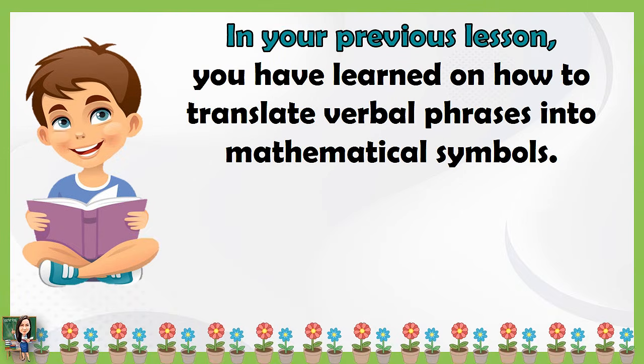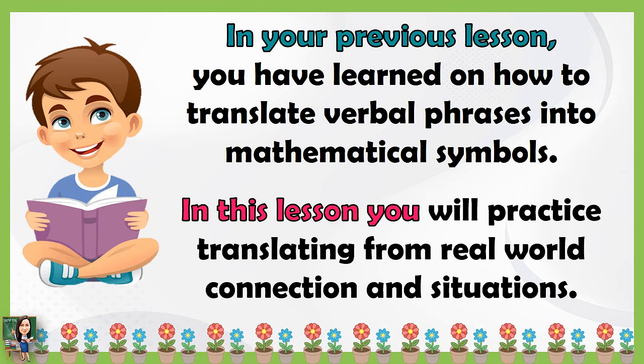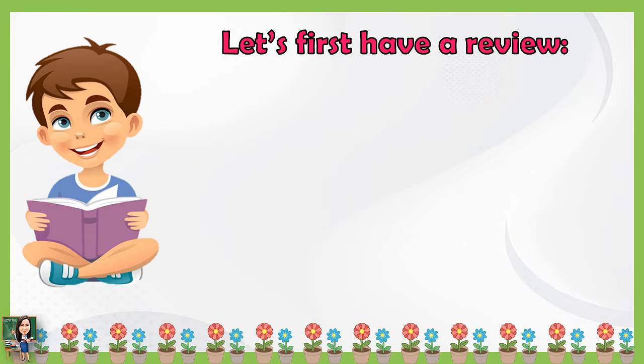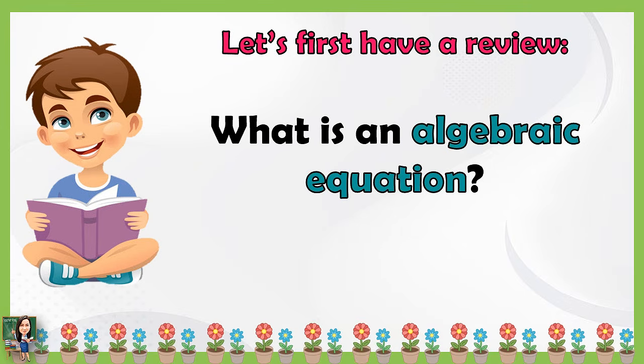In your previous lesson, you learned how to translate verbal phrases into mathematical symbols. In this lesson, you will practice translating from real-world connections and situations. Let's first have a review. What is an algebraic equation?